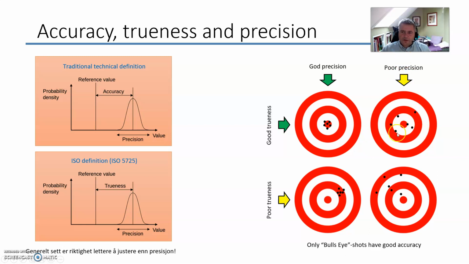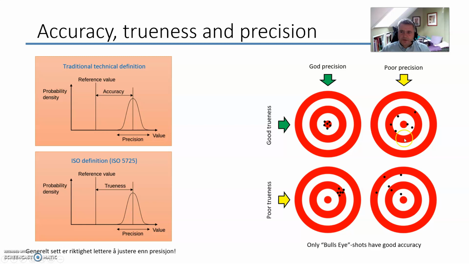If you have poor precision, your shots are spread all over the place. If you have good trueness, then the average shot is in the center of the bullseye. If you have poor trueness, then your average shot is a bit off from the bullseye.